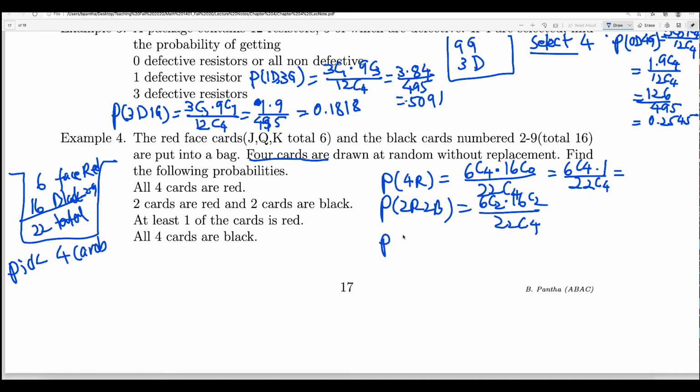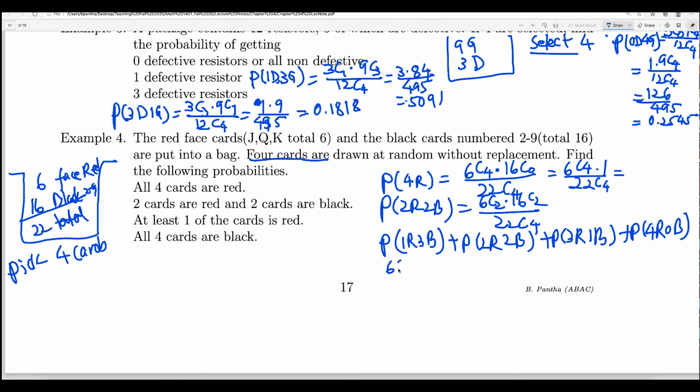Similar to the last one, at least one of the cards is red. At least one card red means probability of 1 red, 3 black, plus probability of 2 red, 2 black. You are picking 4, right? Plus probability of 3 red, 1 black, and then plus probability of 4 red and 0 black. So you find the probability of each and then add. What is the probability of this?